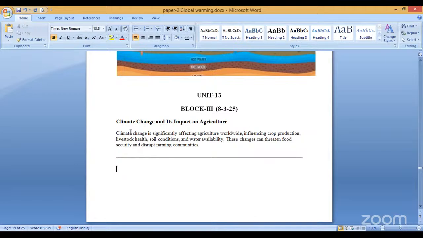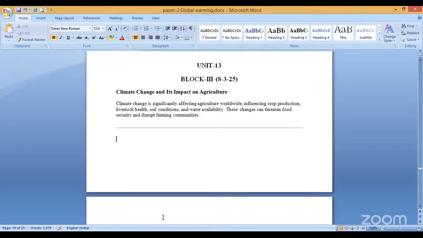Climate change is significantly affecting agriculture worldwide, influencing crop production, livestock health, soil conditions, and water availability. These changes can threaten food security and disturb farming communities.